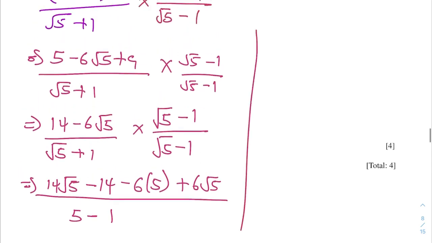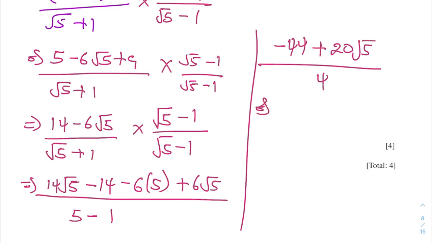In the numerator, check this now, negative 14 minus 30, so that's negative 44 if I'm not mistaken. And then we have 14 root 5 plus 6 root 5. That should give us 20 root 5, right? And the denominator is 4.